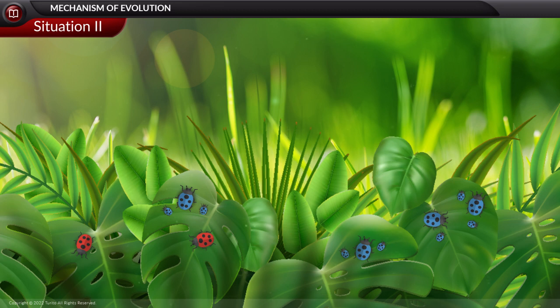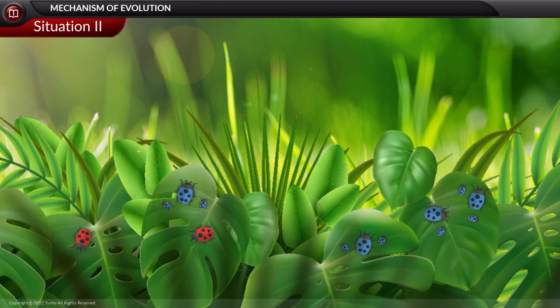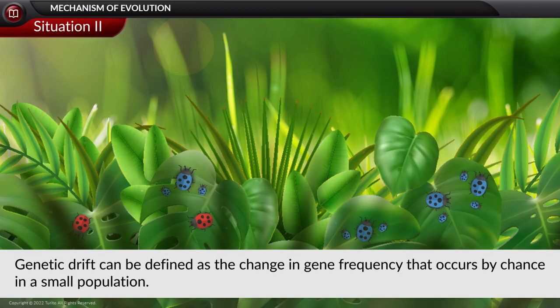The survival of more blue beetles in the population changed the color characteristic from normal red to blue over a period of time. In small populations, accidents can change the frequency of some genes in a population, even if these give no survival advantage to the possessors. This phenomenon is called genetic drift, and it provides diversity without any adaptations.